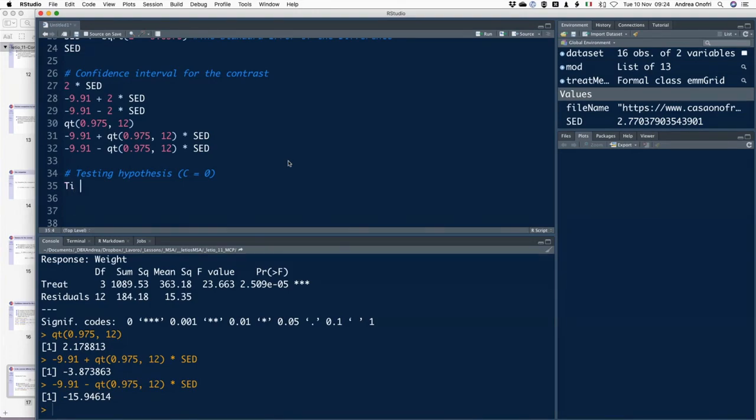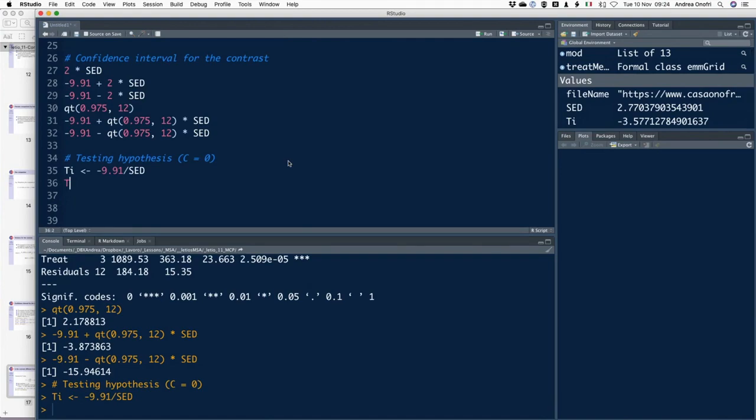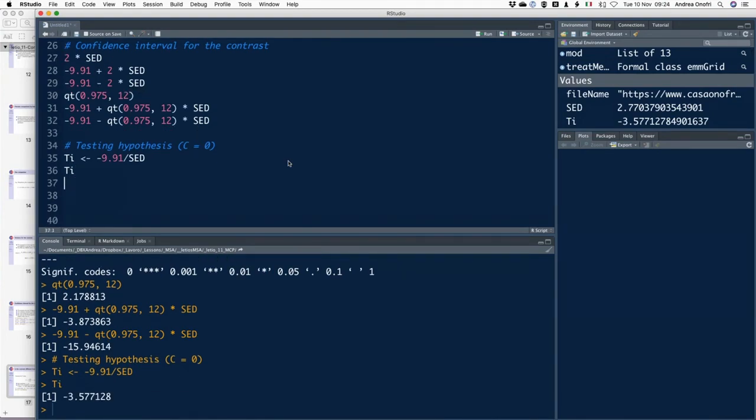I'm using Ti in order to avoid the capital T, which is a reserved character in R, because it means true. Now I'm writing Ti. That is equal to minus 9.91 divided by the standard error of the difference. So we have Ti equal to minus 3.58.